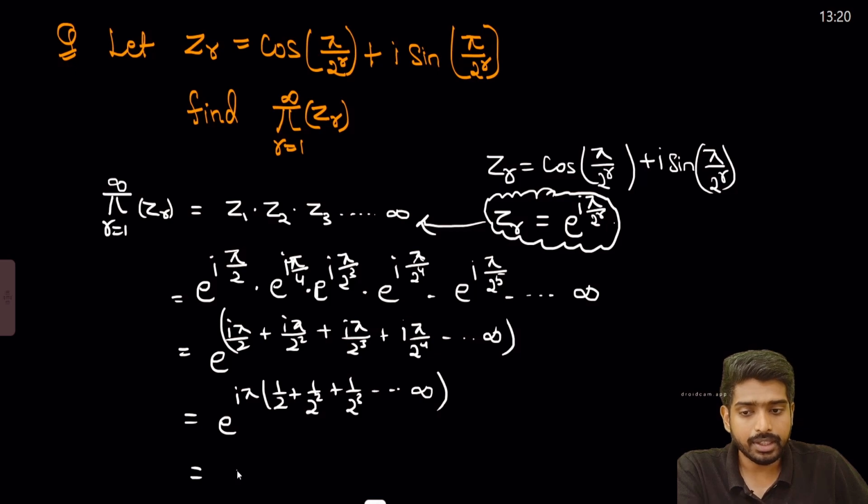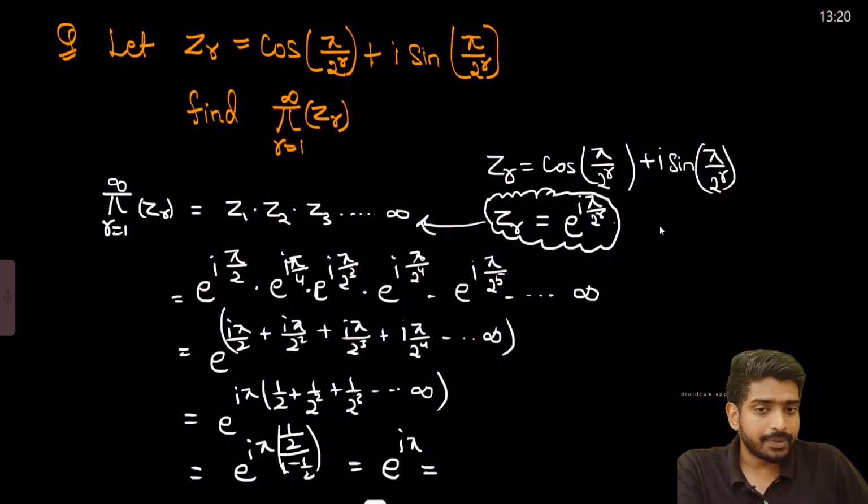So this will be e to the power iota pi times (1/2 divided by 1 minus 1/2), which is 1/2 divided by 1/2, that is 1. So we get e to the power iota pi.